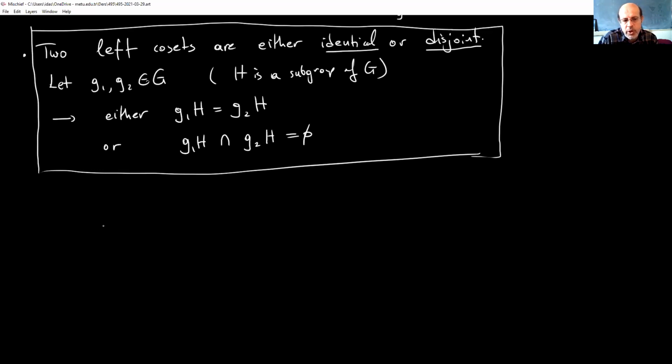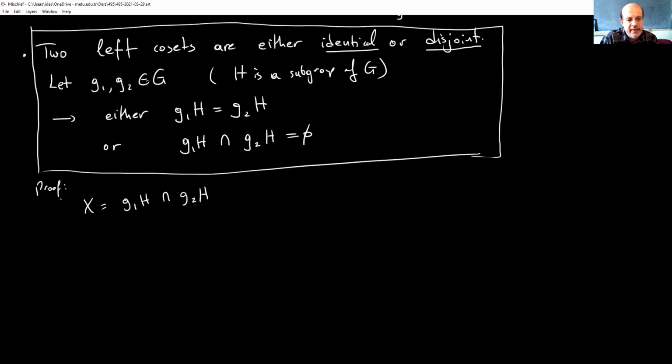So this is quite easy to prove. I'm just going to look at the intersection, G1H intersect G2H. So this is the proof part.